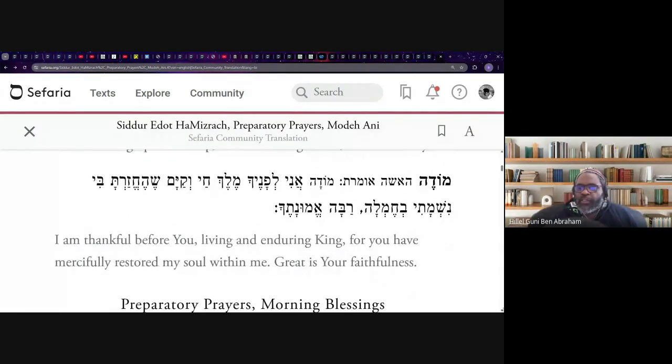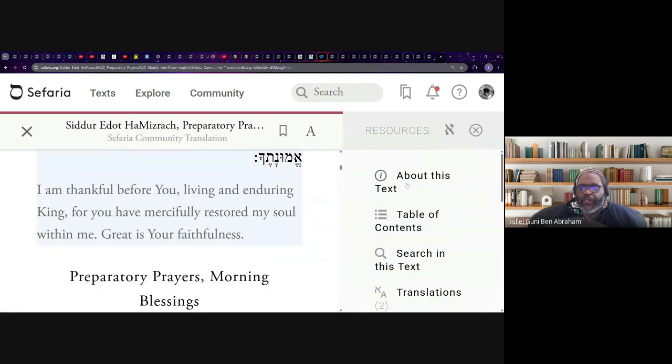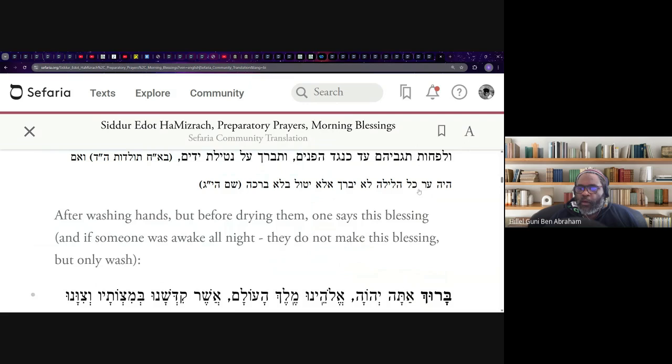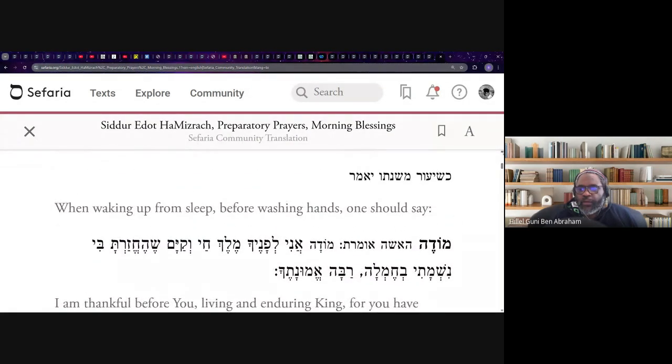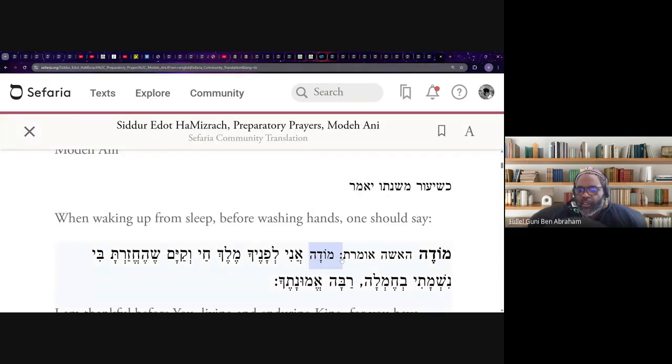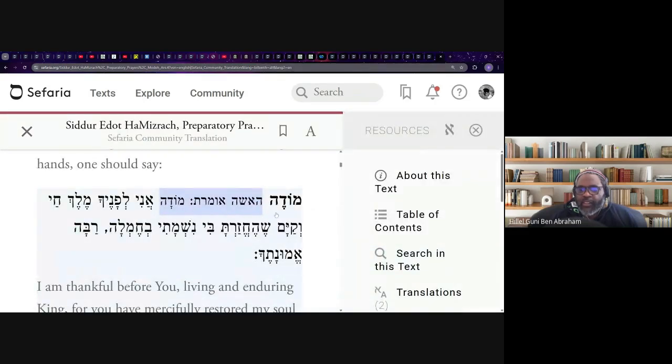When we wake up in the morning and we open our eyes, we do the morning blessings, right? So don't read this part, completely ignore this middle section. I just want you to read the part here that's in bold. Does anybody want to read this word? What does this word say?